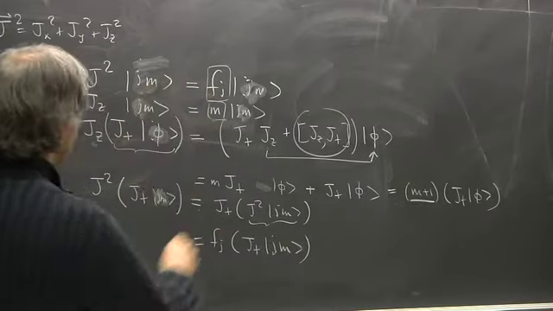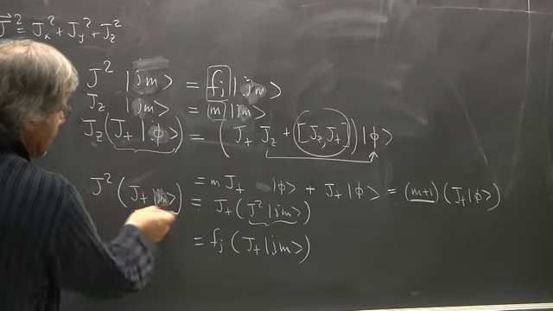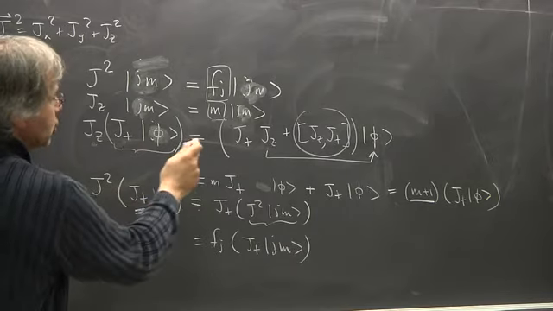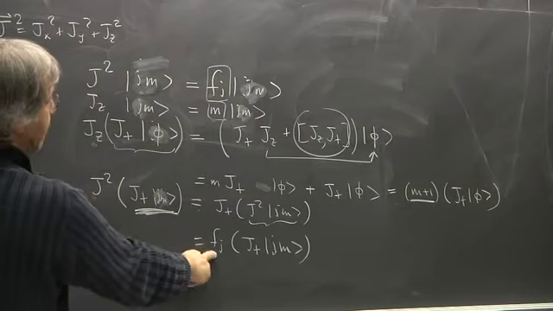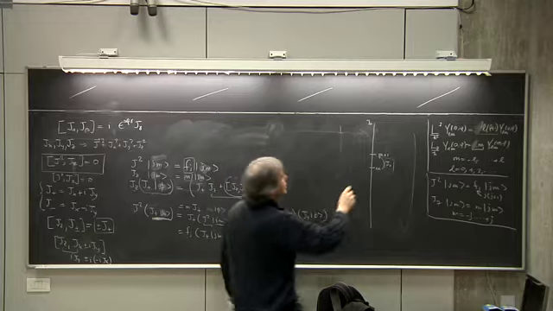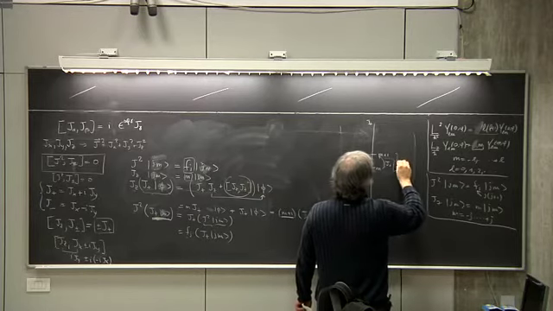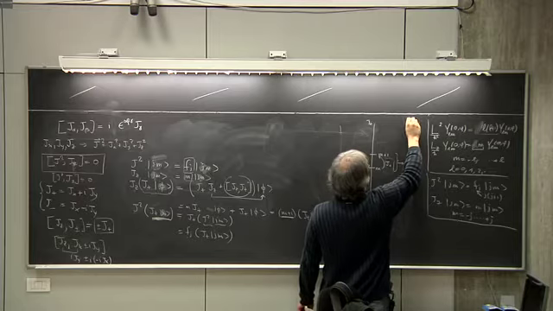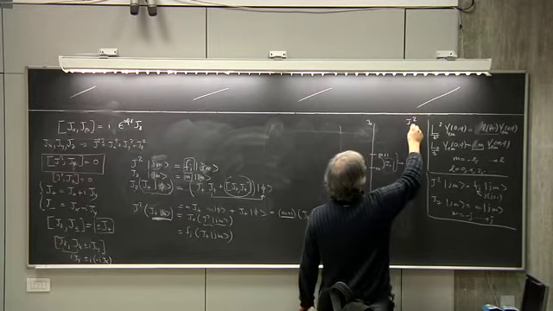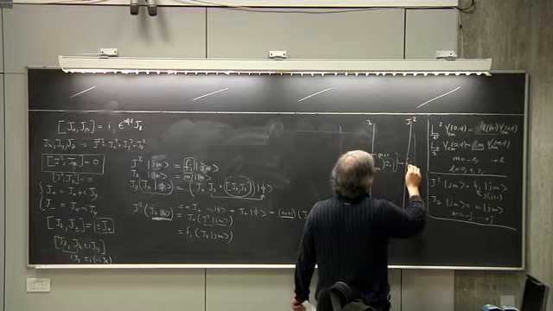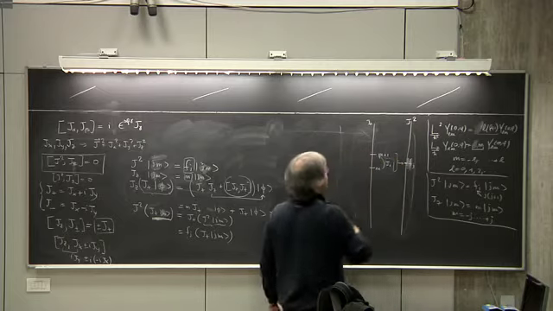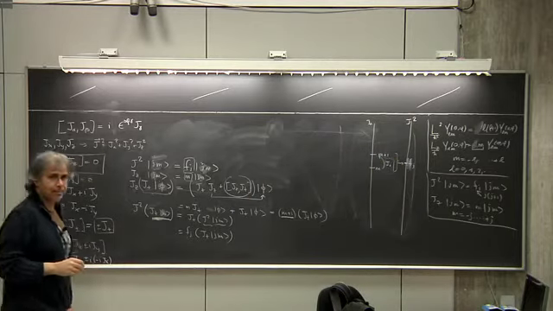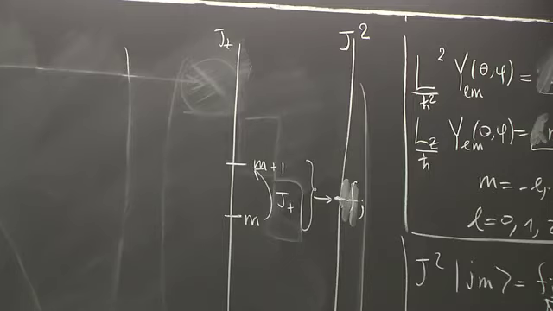So if you read it, it's telling you that J plus applied to the state changes M by 1, but it doesn't change J square. It's the same, you see? In other words, these two states both correspond to the same Fj if you look at J square. So the eigenvalue is a given Fj, and is not changed by J plus. Is this clear?